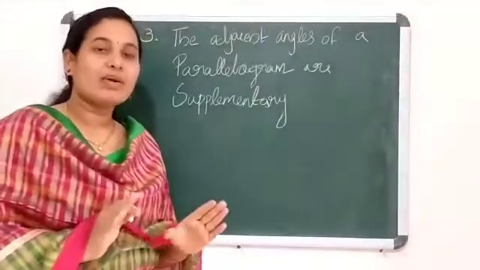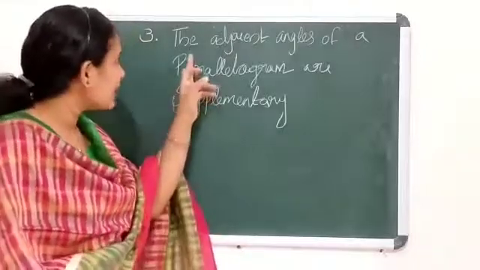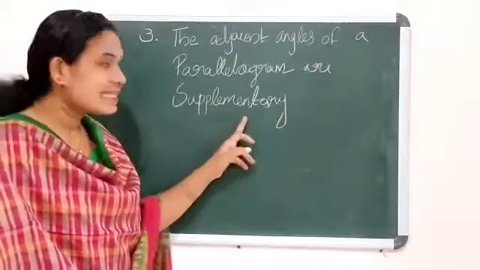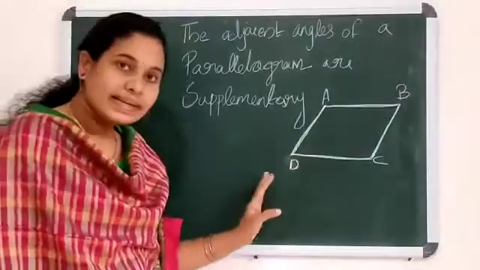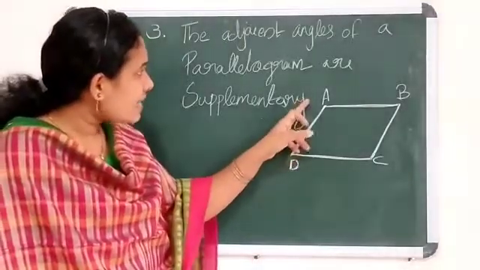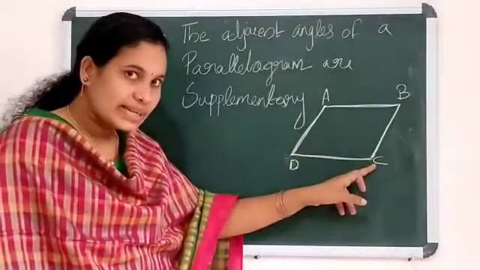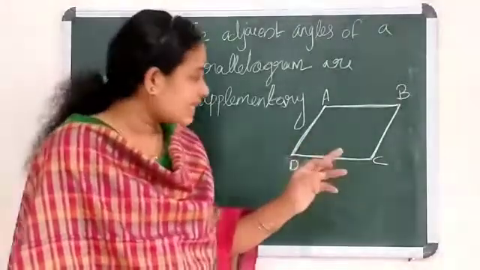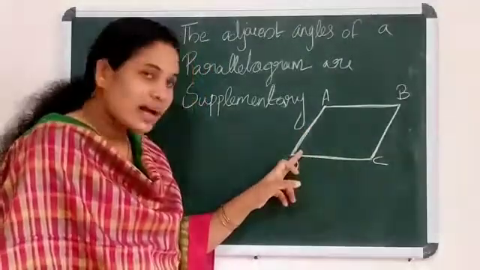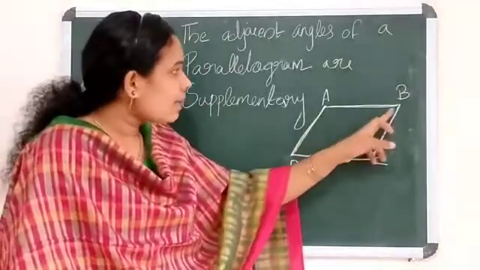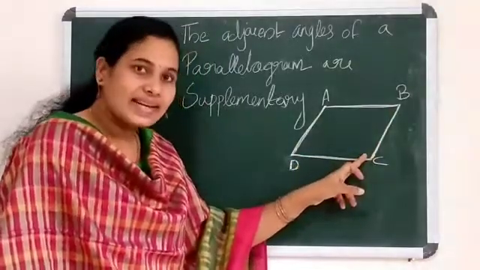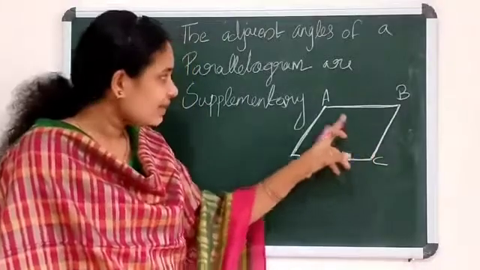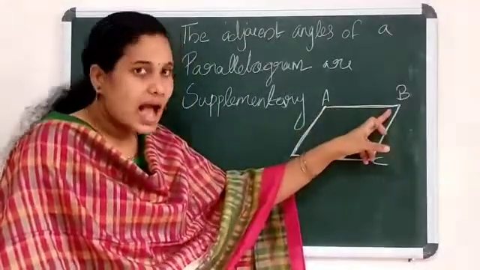Now let's discuss the third property of a parallelogram: the adjacent angles of a parallelogram are supplementary. Here you can see that angle A and angle C are opposite angles, and angle B and angle D are opposite angles. Angle A and angle D are adjacent angles, angle B and angle C are adjacent angles, angle D and angle C are also adjacent, and angle A and angle B are adjacent angles.